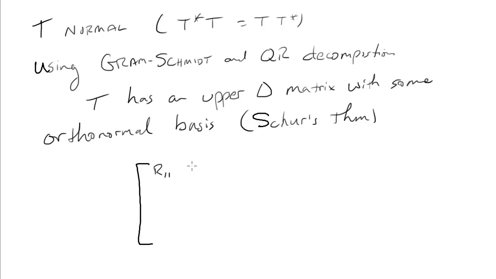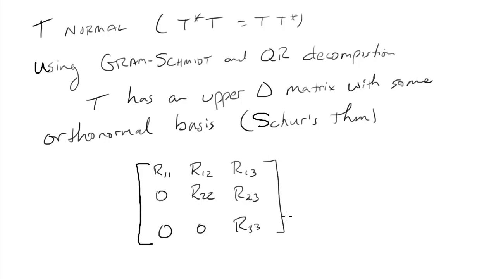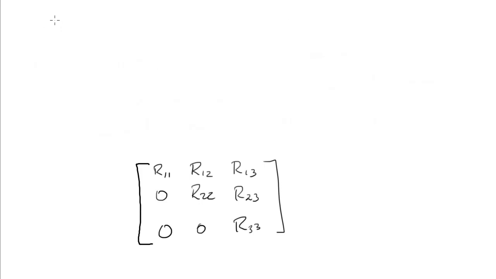For the video, we'll just do the 3 case, because once you can do 3, you can do n. It's the same pattern. We just need to get the pattern going, and 3 is usually sufficient to see the pattern develop. So there's our R matrix.